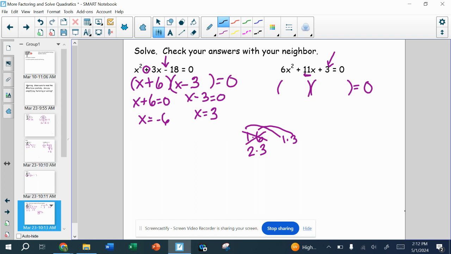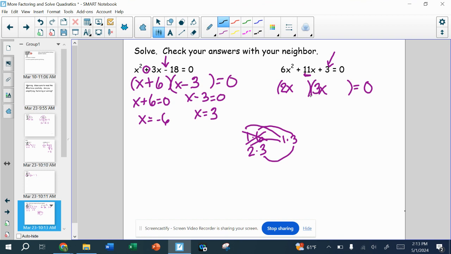I know it's going to have to be the 2 and the 3 that are going to make the 6x squared. So I'm going to have a 2x and a 3x. Now I just have to know how to put the 1 and the 3 in there. If I'm going to try to get 11 as my linear term, my middle term, I need the 3 to get multiplied with the 3 to make 9, and then 2 to go with the 1, so 9 plus 2, that's my 11.